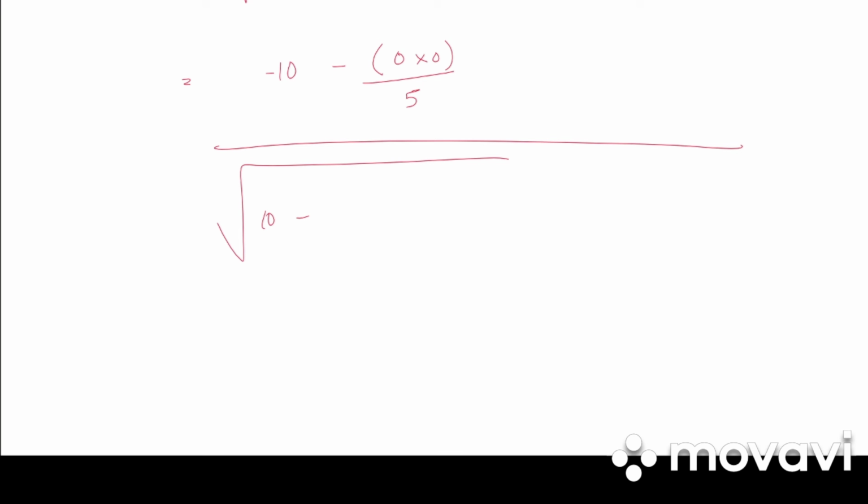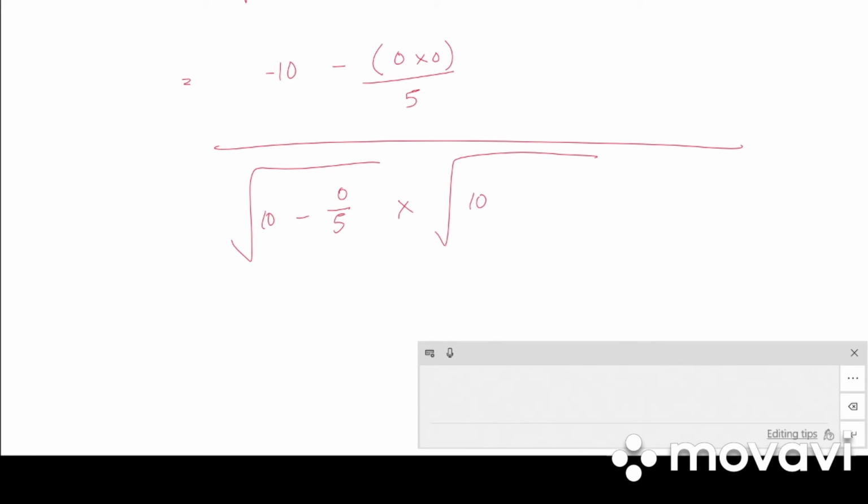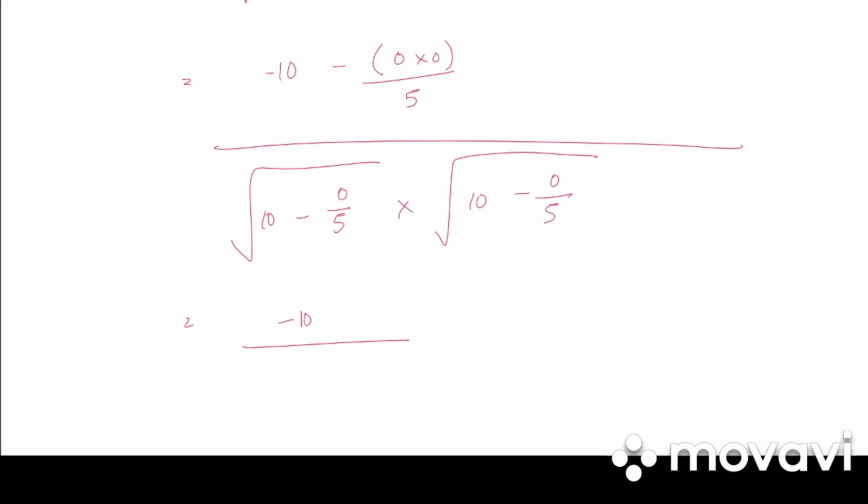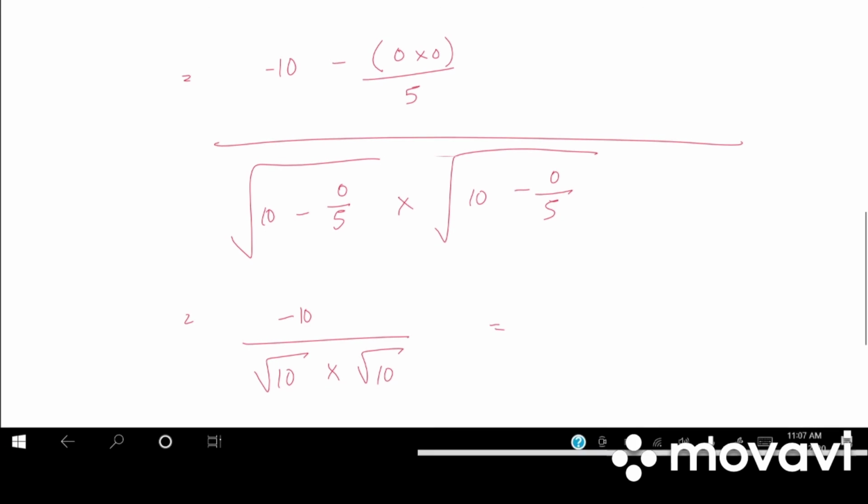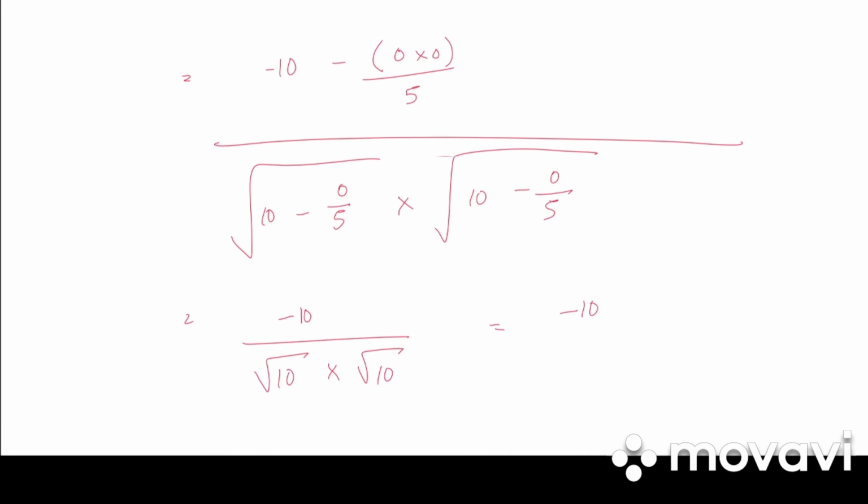What is summation dx the whole square? 0 divided by 5, into square root of summation dy square, 10, minus again 0 divided by 5. So minus 10 divided by square root of 10 into square root of 10. So minus 10 divided by 10, we get minus 1.